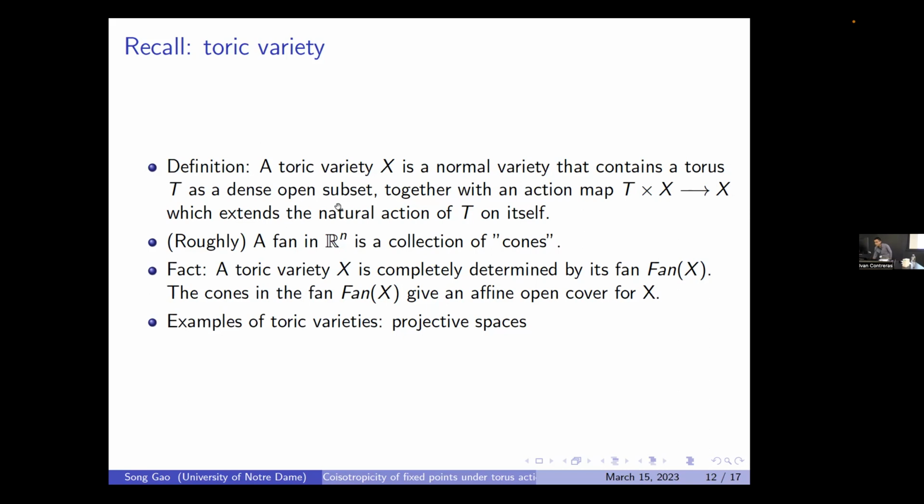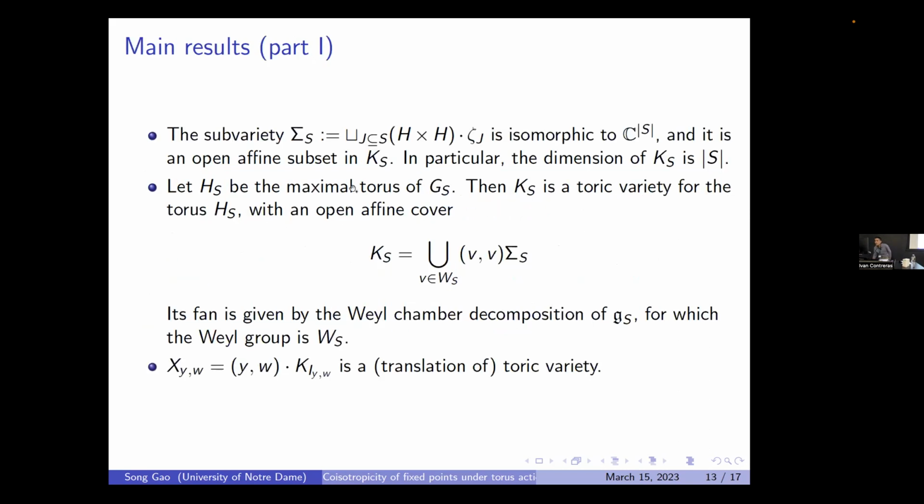So let's just move forward. Firstly, I define the subvarieties sigma s, which plays the role like, so this is an open affine in the toric variety Ks, which plays the role like the fundamental Weyl chamber here.